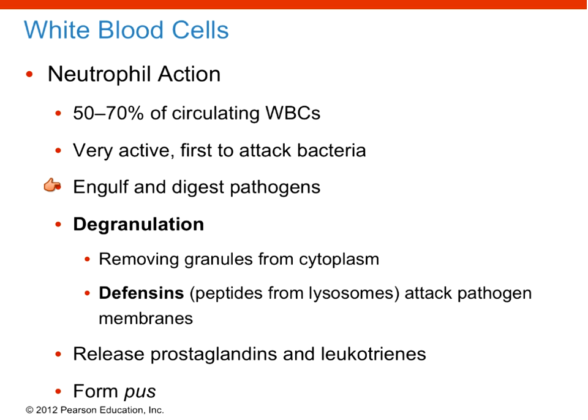We have defensins as part of those granules that will attack pathogen membranes, and it can also release chemicals, prostaglandins and leukotrienes, which are chemical messengers that will attract other white blood cells to the area. When we have this neutrophil activity, we can also have some pus that's formed. So typically, what you find in your pus are the remnants of neutrophils that have done their job and the bacteria that they have decomposed.